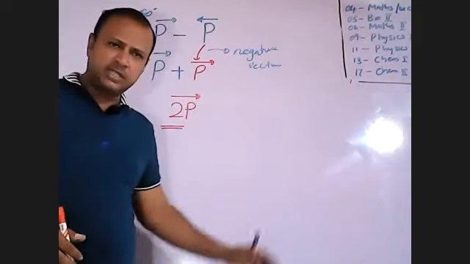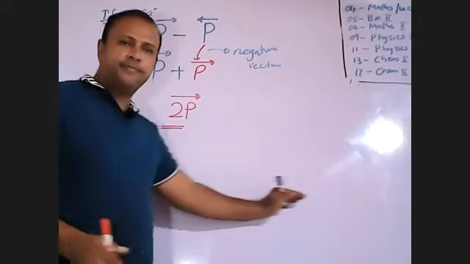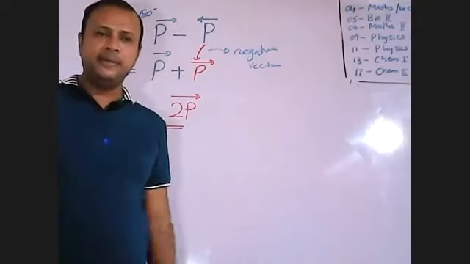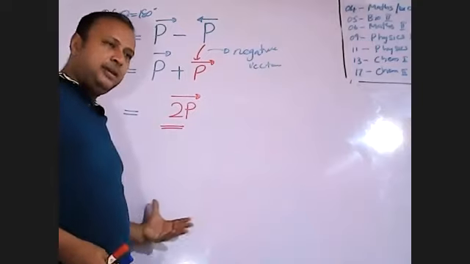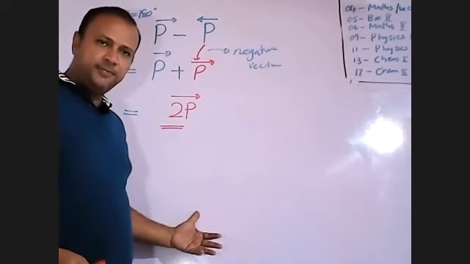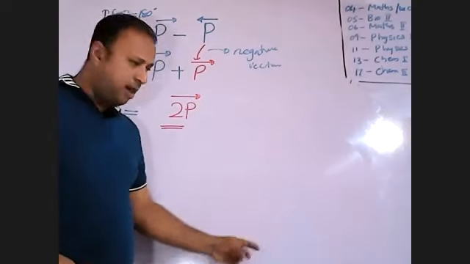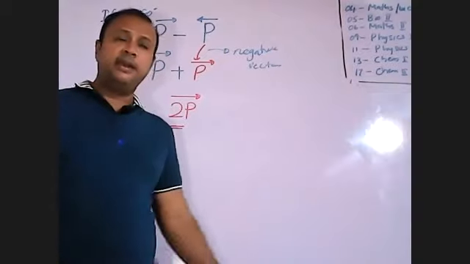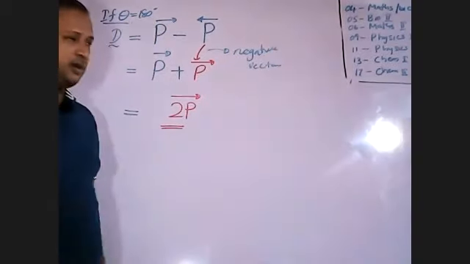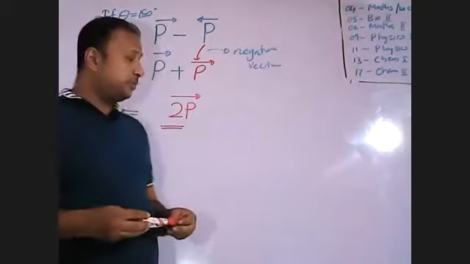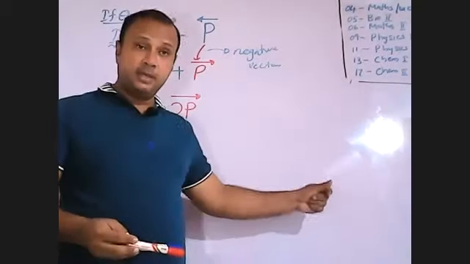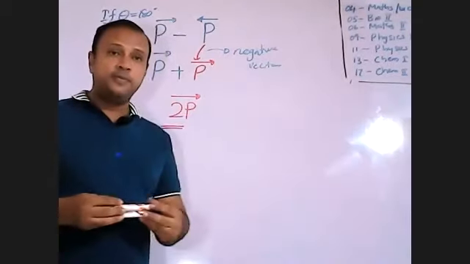Actually, I have discussed the last row of the previous table. In that row, you can clearly see if theta is 180, the resultant is 0, but the difference is 2P. I have explained how that value comes.